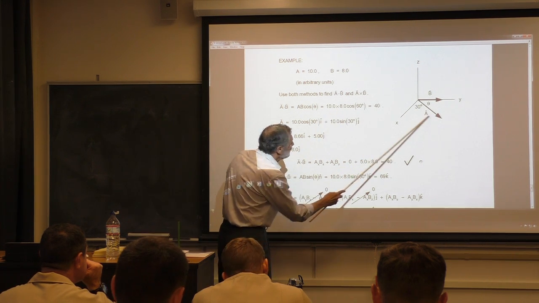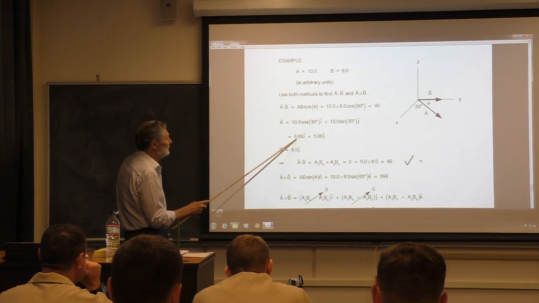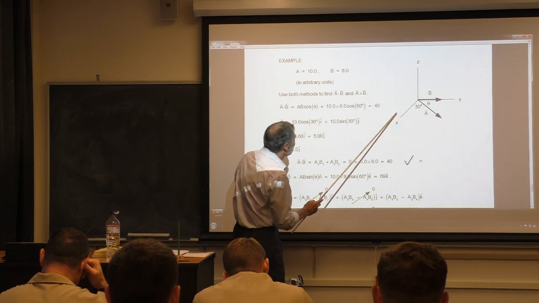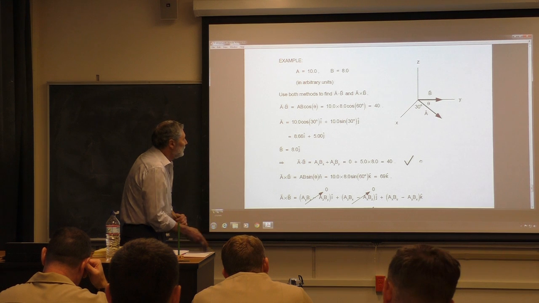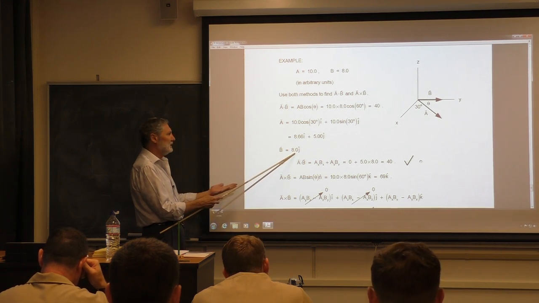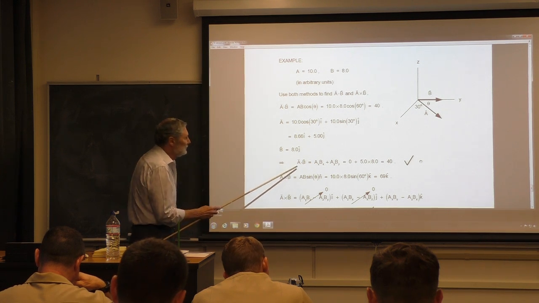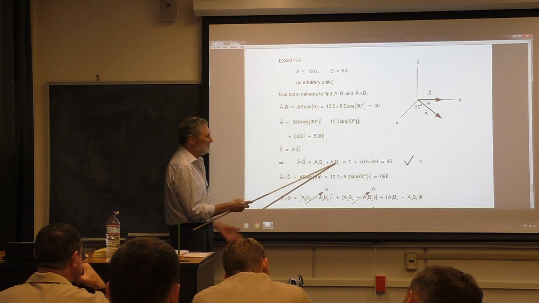So the x component here turns out to be 8.66. It's this right here. Similarly, for the y component, I want to multiply by the sine of 30 degrees, so I get this. So B is in component form. It's purely in the y direction. So now we use our analytical formula. I've killed the AzBz term because they're 0.